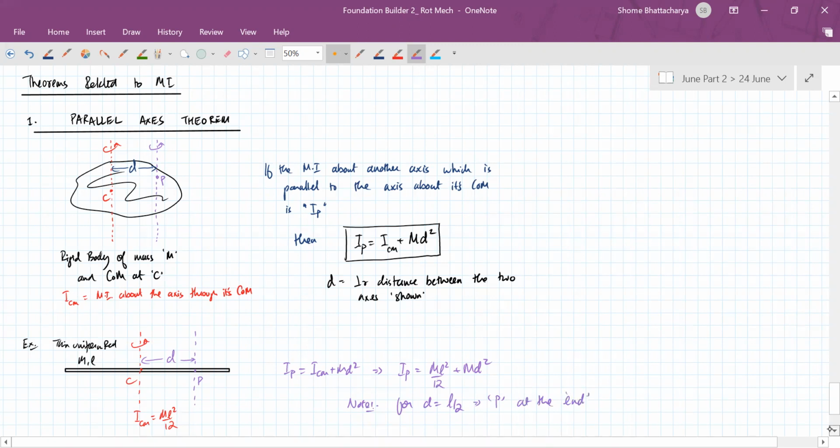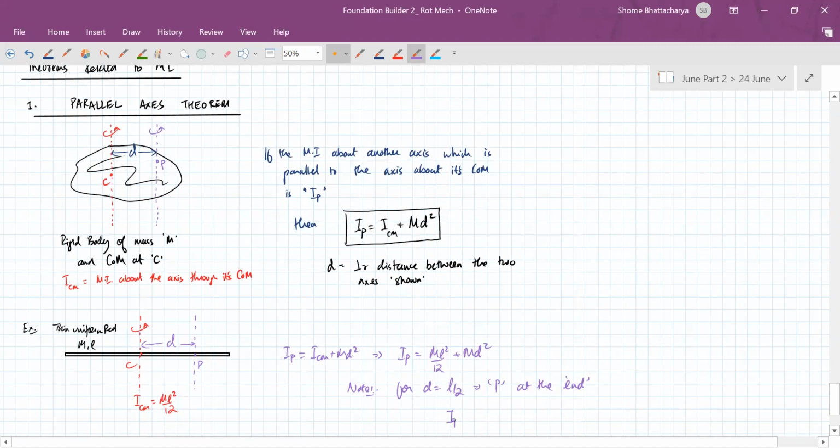It will just prove the formula that we have already got by integration earlier. When we substitute d as L by 2, we will get ML square by 3. So even in the case of the rod, you don't need to memorize the formula for the moment of inertia about the end. You can just memorize the standard formula for the moment of inertia about the center axis and then use the parallel axis theorem, taking the distance d as L by 2.